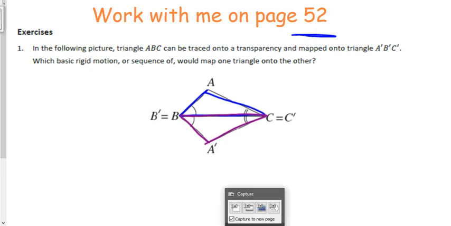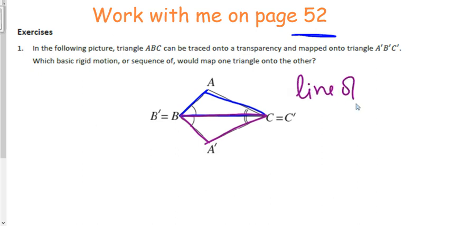But remember, we can't stop there. What do you need to do a reflection? Well, a reflection has to have a line of reflection. Our line of reflection would be what? What line did we reflect it over in order to get this A prime? Because the only point that actually changed places was the A, if you noticed that. B prime equaled B, that means it stayed in the same place.